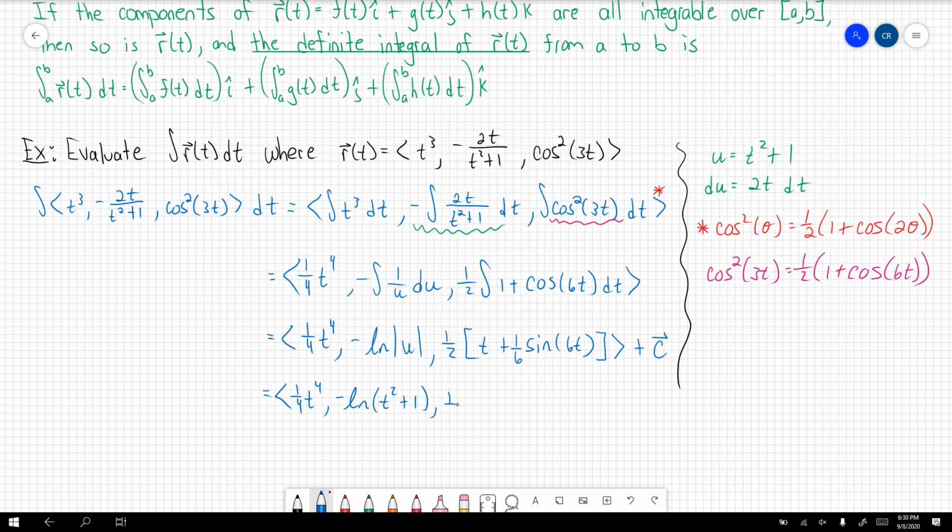And the last component that I have is going to be 1/2 multiplied by t plus 1/6 sine of 6t. And that's my initial vector, and then I still have plus c. Again, this is going to be my constant vector.